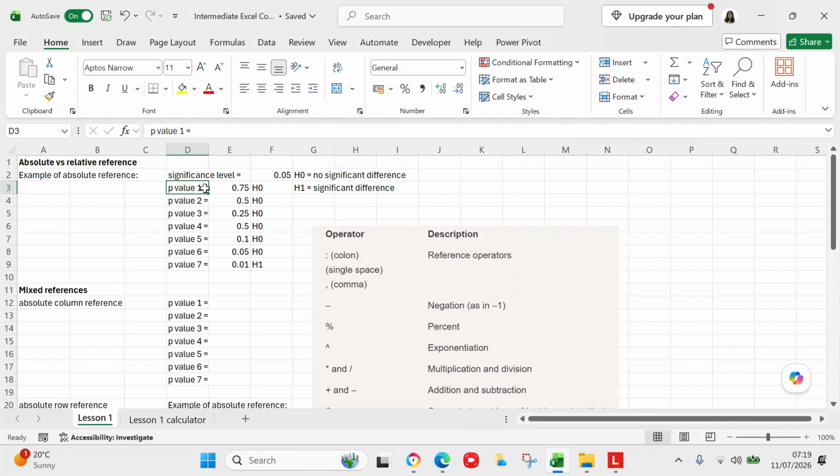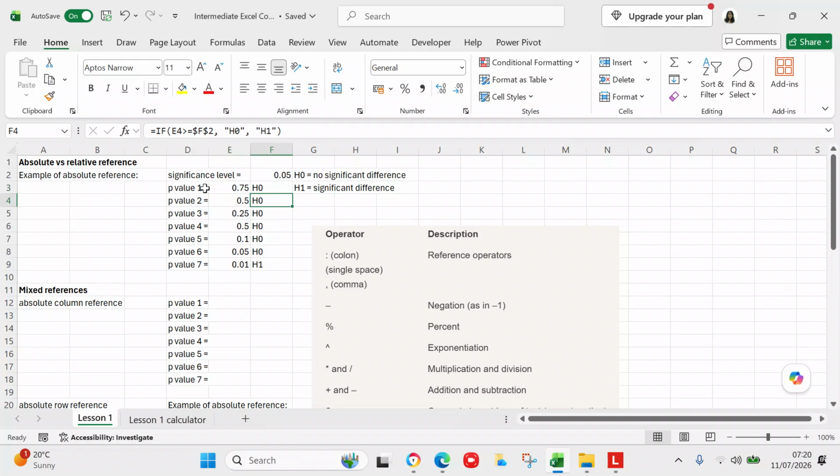So we've got 7 p-values, and we've got a p-value of 0.75, which is a null hypothesis. And you see here, if E3 is greater than or equal to F2, then it's null hypothesis. Otherwise, it's alternate hypothesis. And so we go down: if E4 is greater than or equal to $F$2, it's null hypothesis.